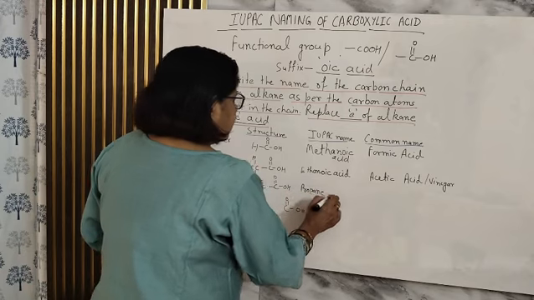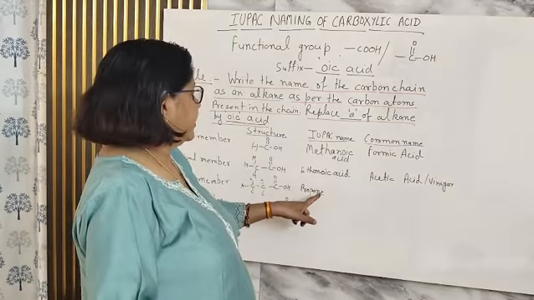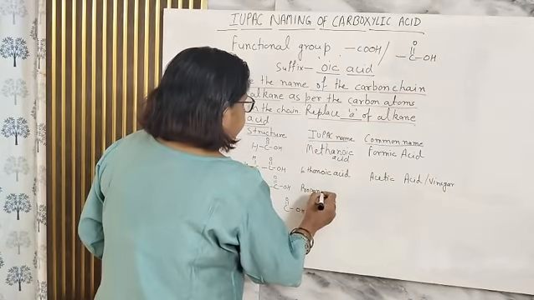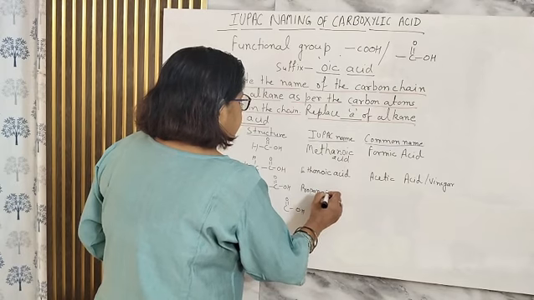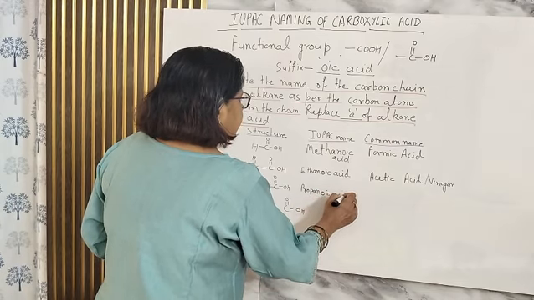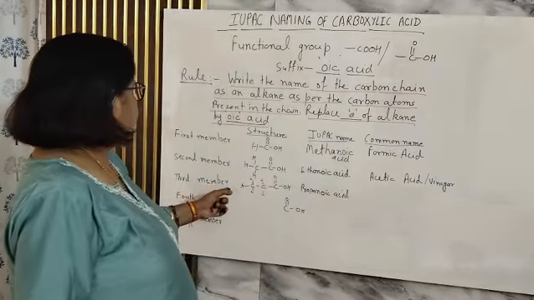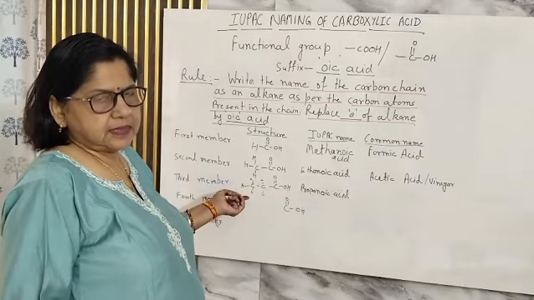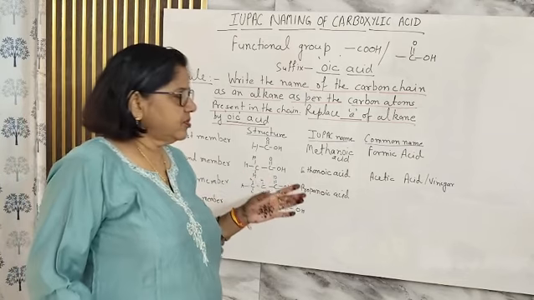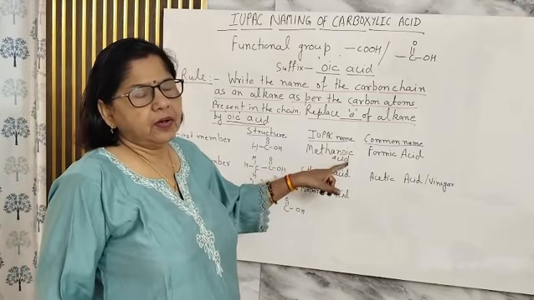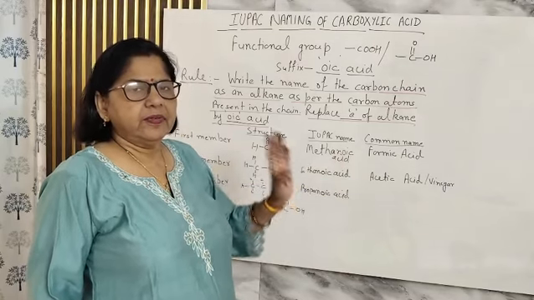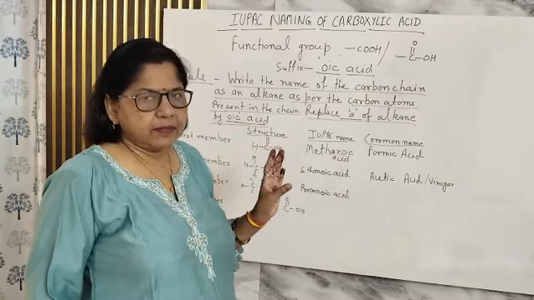And then the rule says E should be replaced by oic acid. So the IUPAC name of the third member is propanoic acid. In your course, the common names of only the first two acids are there, the rest are not, so we will confine ourselves to the syllabus only.